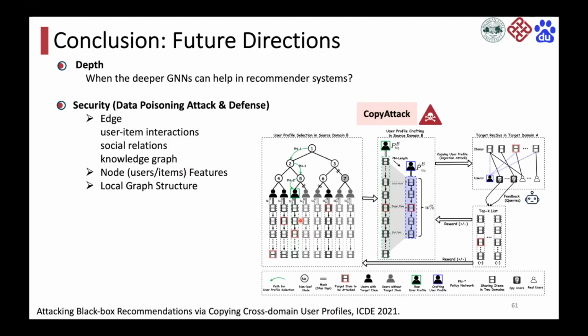One representative black-box attacking method is the CopyAttack, which proposes a copy mechanism to copy the user profiles from the source domain into the target domain. So it is necessary to build robust graph neural network-based recommender systems against these kinds of adversarial attacks.